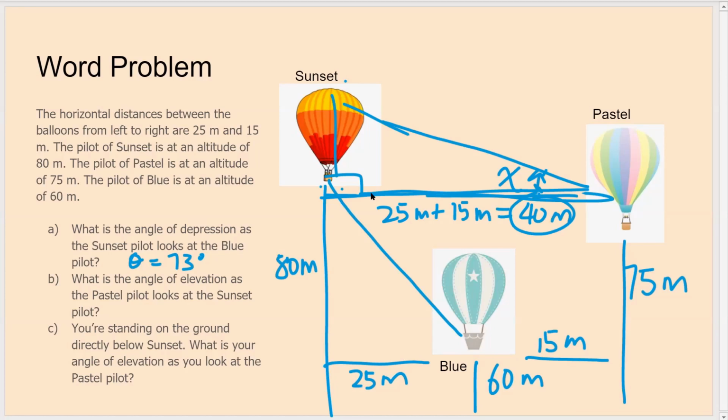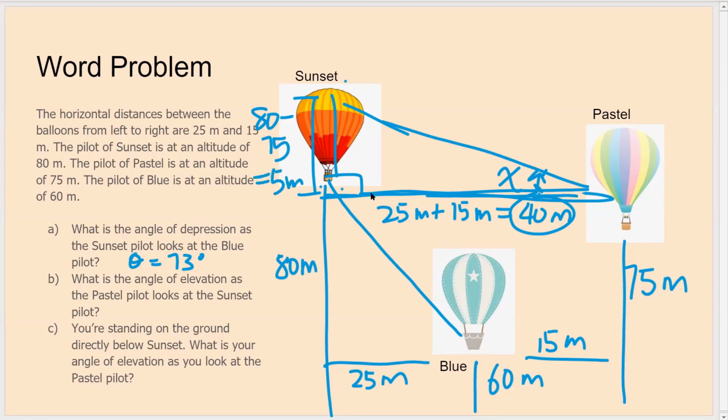What other information we have is we don't have the length of a hypotenuse, but we can calculate the length of the opposite. Remember that the elevation that sunset is on is 80 and the elevation that pastel is on is 75. That means there's a difference of 5 meters, because 80 minus 75 is equal to 5.